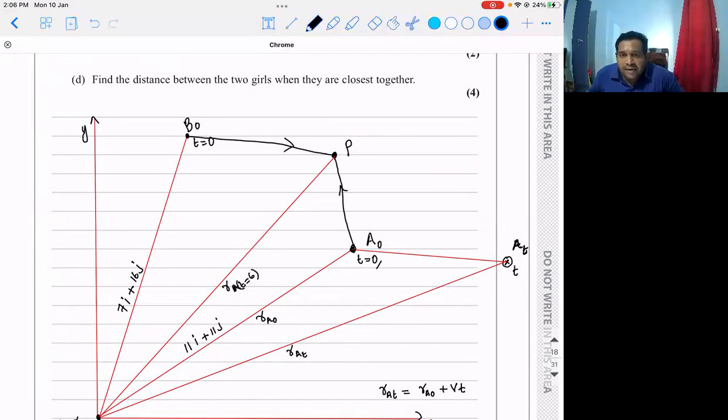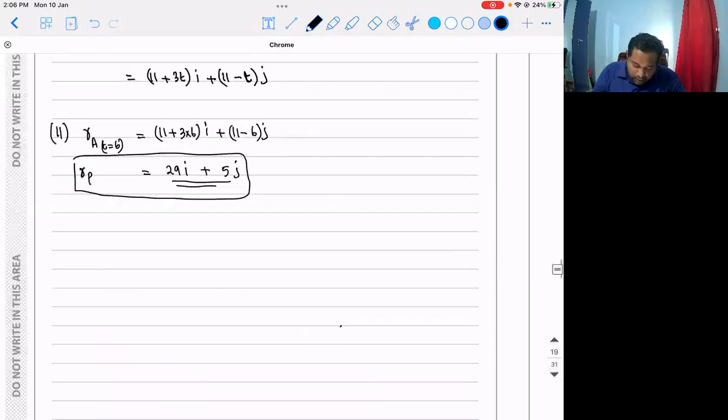So first of all, you calculate the general vector equation of the position of Brioni after t seconds. How will we find that? If we're considering Brioni, the position vector of B at t seconds is equal to RB0 plus the velocity of Brioni times t.